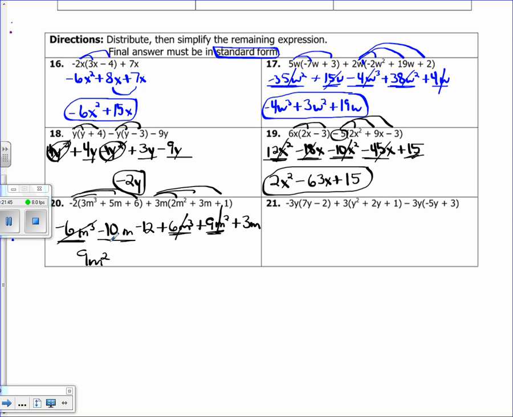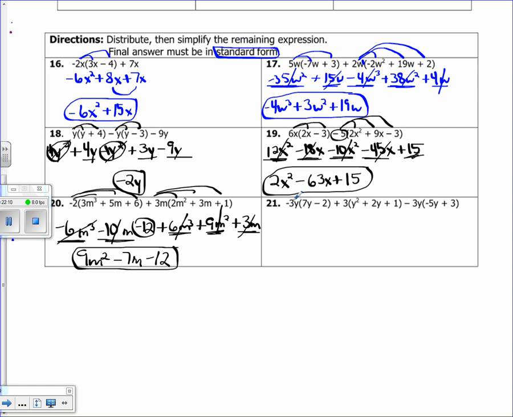Next we have negative 10 and positive 3. Combine those and you get negative 7, or minus 7m. And then you're just left with this negative 12, so minus 12. Okay.